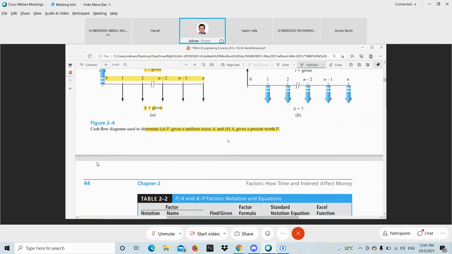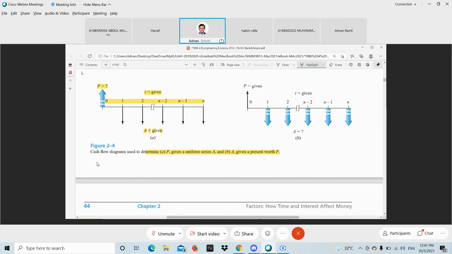So this is the cash flow diagram. We draw broken lines because the period may be long and it may not be possible to draw every time point, since it is just repeating. So this is P given a uniform A series, and graph B shows what should be the A, what is the A value if P is given. It's just a reverse.